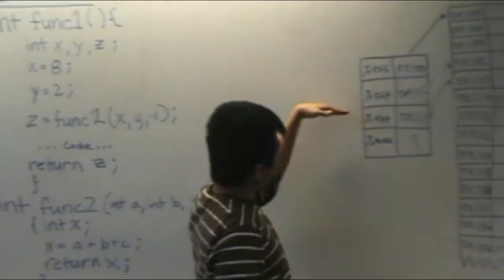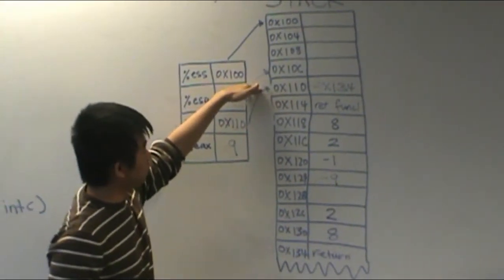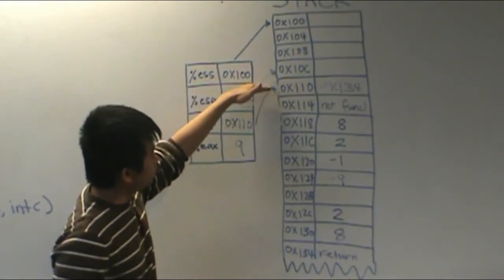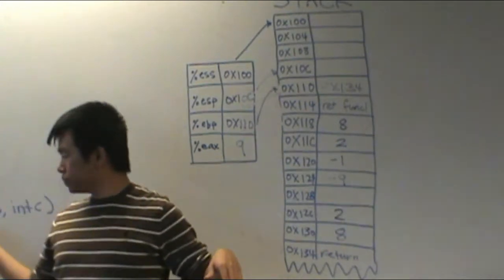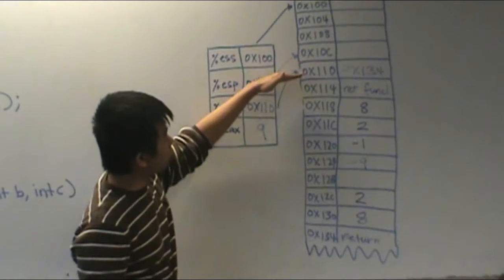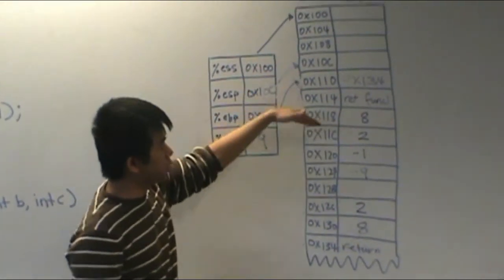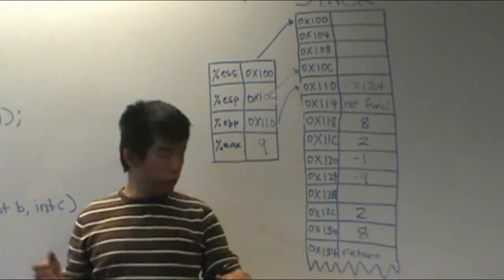Because EBP is right here where 110 is. 8 from EBP is where variable A is for function 2. And 12 is 12 bytes off from EBP, which is where B is for function 2.